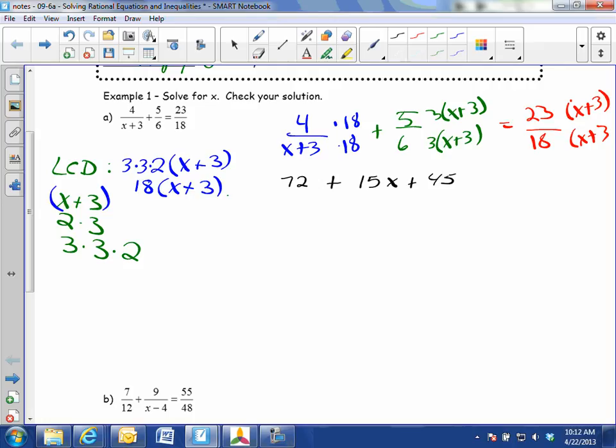Don't you have to distribute first before you multiply? I would get the same thing either way. But then you got 3x plus 9, and then 9 times 5. So then we've got over 18 times x plus 3 equals 23x plus 3 times 23, 69.